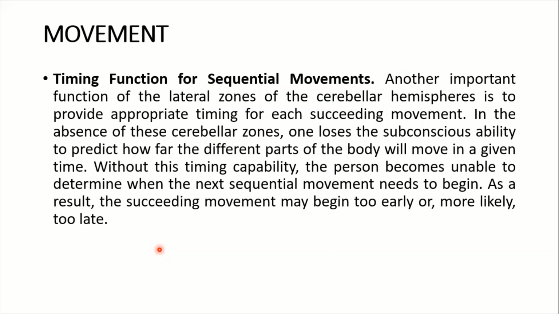Without this timing capability, the person becomes unable to determine when the next sequential movement needs to begin. As a result, the succeeding movement may begin too early or more likely too late, right? So this is the explanation of the previously discussed timing function of the sequential movements.